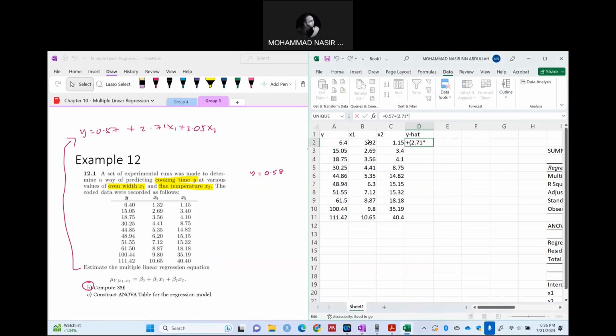So multiply with X1 plus 2.05 multiply with X2. So you get Y hat.